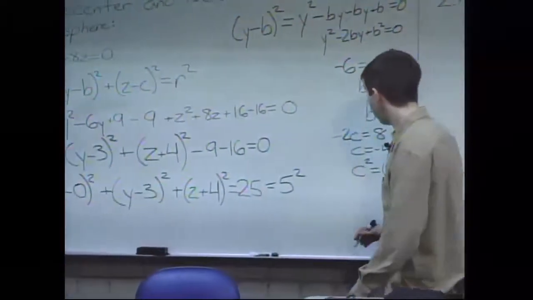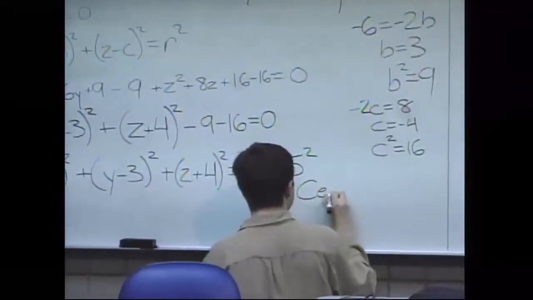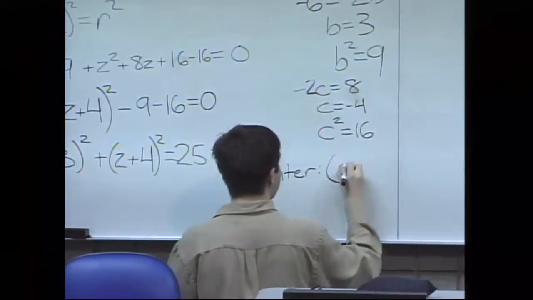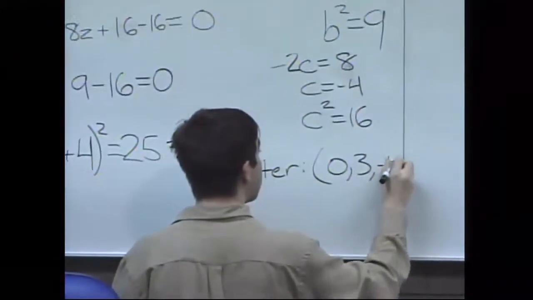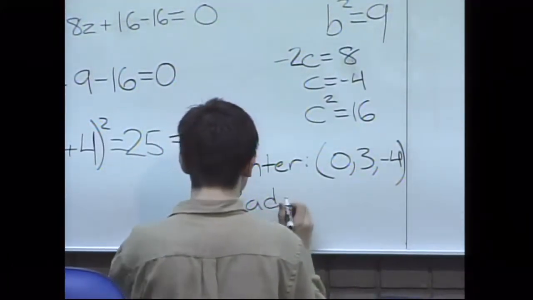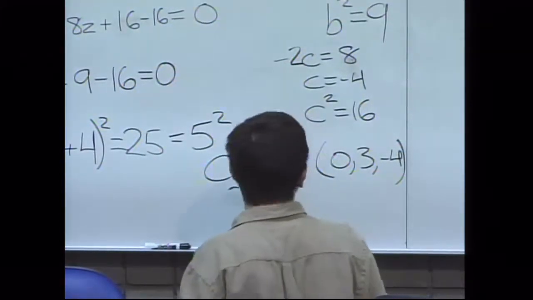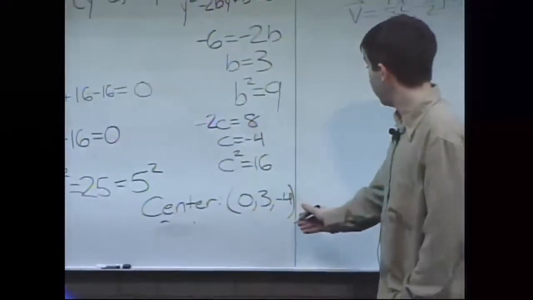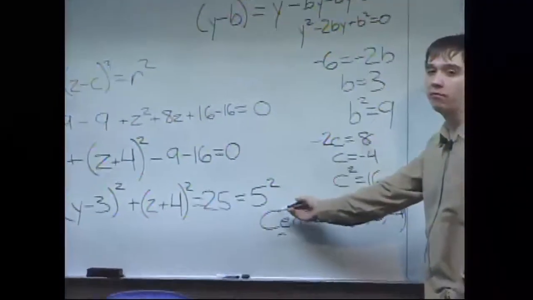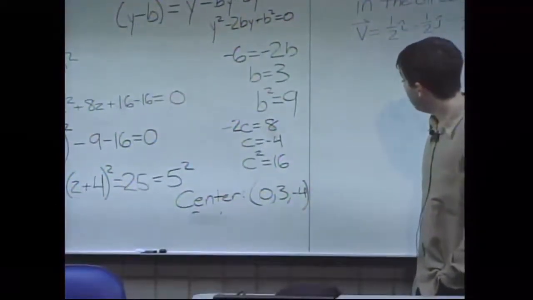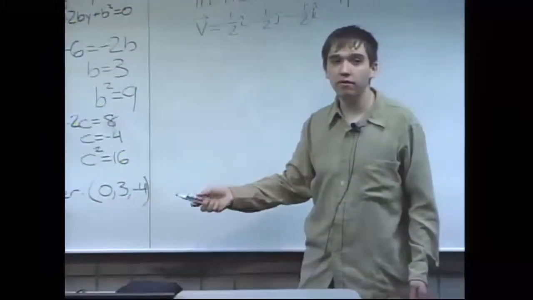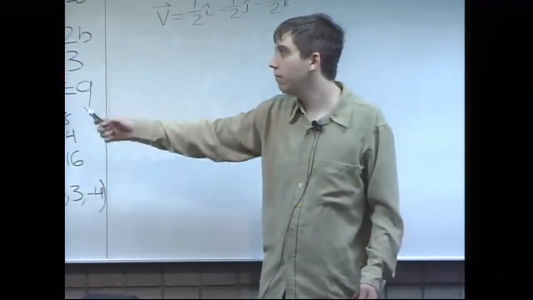So therefore, the center of our sphere is (0, 3, -4), and the radius of our sphere is, as we stated before, 5. So that is how you use the completing the square method in order to find the center and radius of a sphere in this sort of form.